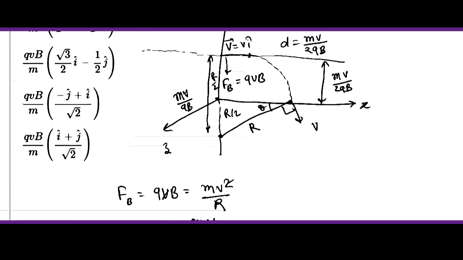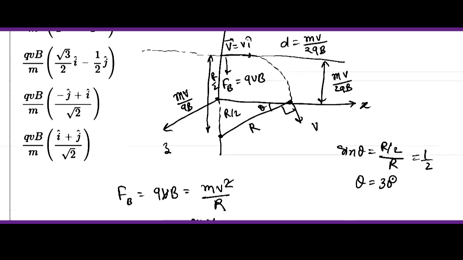Now you can calculate the value of theta. You can see here the sine theta is r by 2 by r, that is half. So from here you will get the angle equal to 30 degrees.